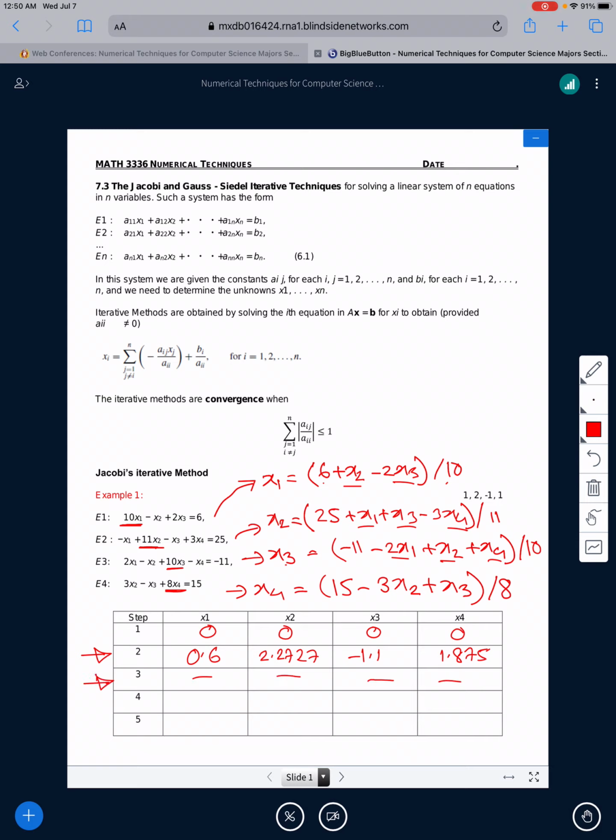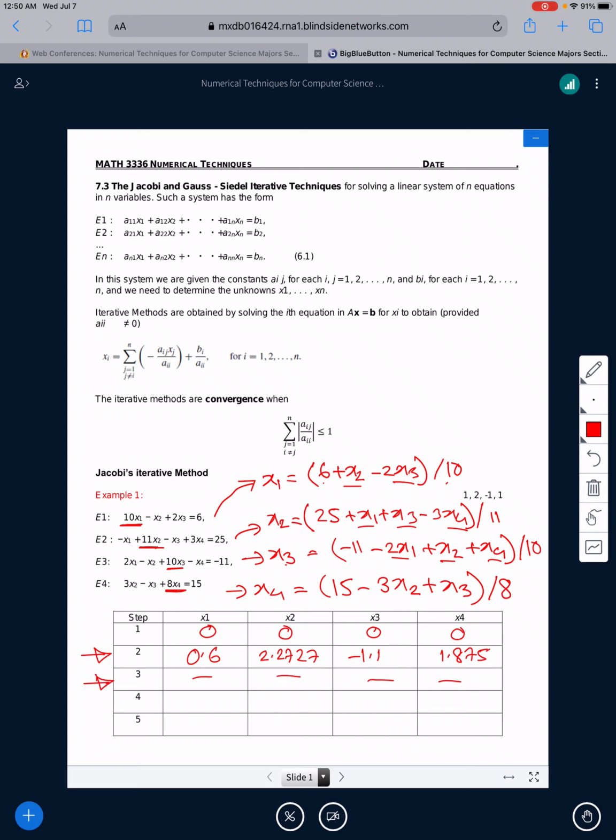As you keep calculating the steps, you will see that x1 approaches 1, x2 approaches 2, x3 approaches negative 1, and x4 approaches 1, but they will not give you the exact value, because in numerical techniques we always expect an approximate solution, not the exact solution. But our goal will always be to keep the error minimum and get a convergent solution.